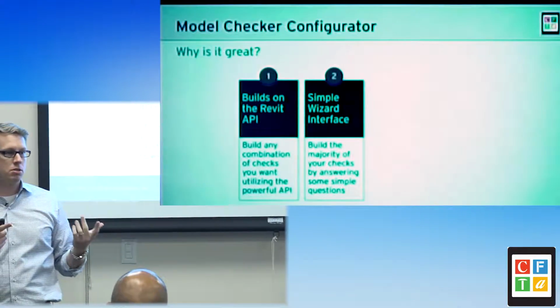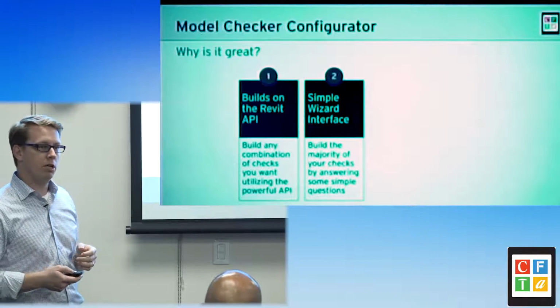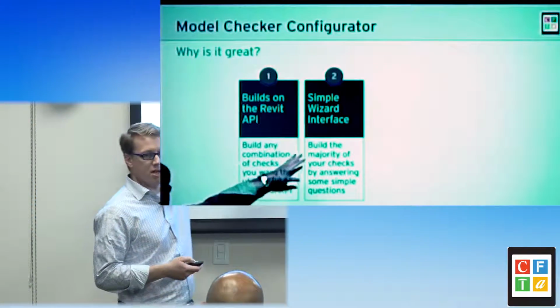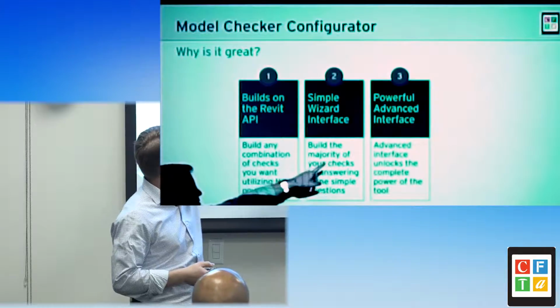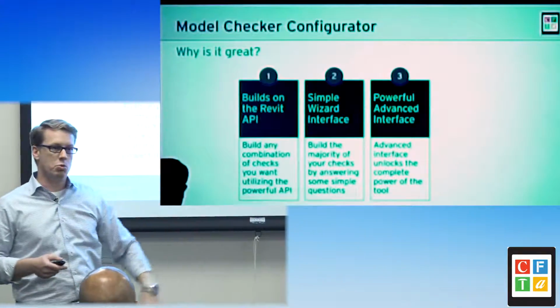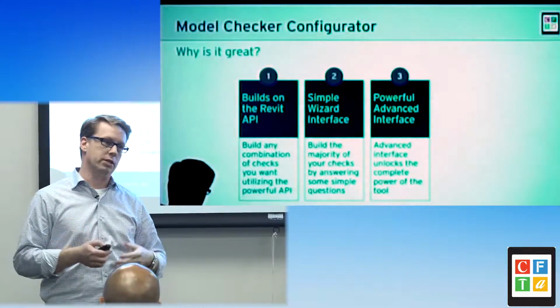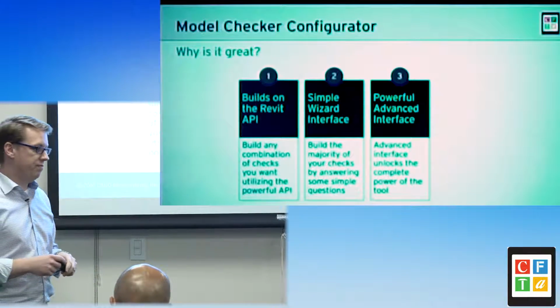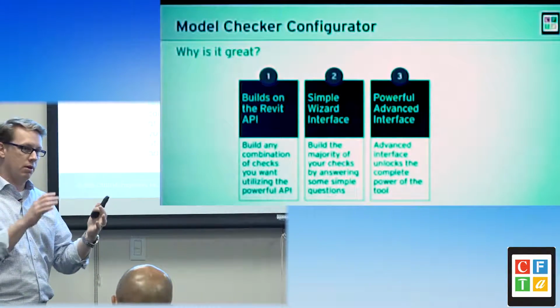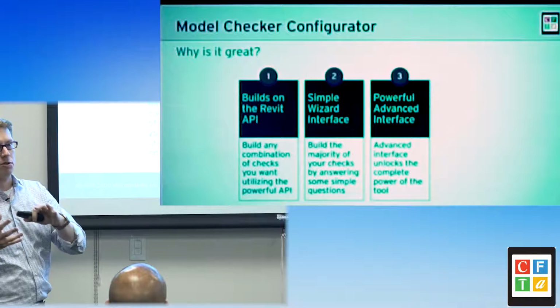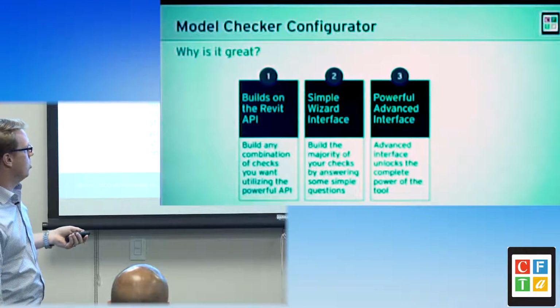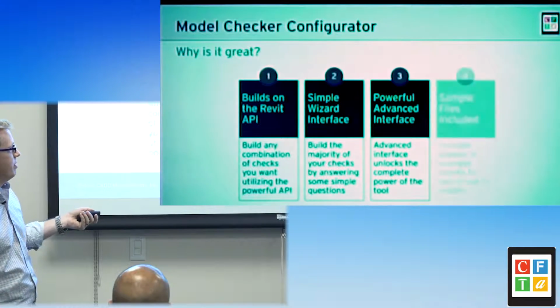It just asks me some questions, and when it's done, the check is built. That will cover probably 80% of what you want to do. But there is also a great advanced interface. When you really start to get into it, you can drill down and build very complicated checks on elements based on a filter, based on types, and so on.